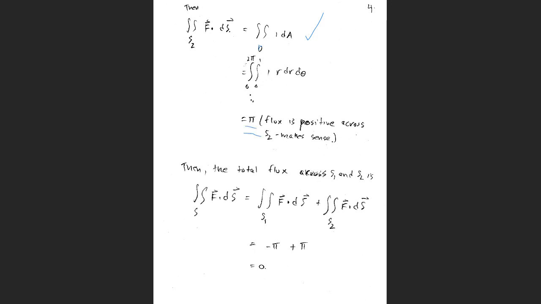So to get the whole flux across this surface, remember the surface S is equal to the union of the first surface, the paraboloid, and the second surface, that disk. So you just add the two fluxes together, and the net rate of flow is 0.